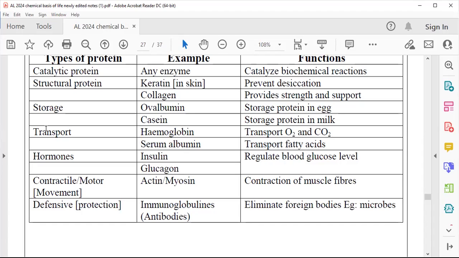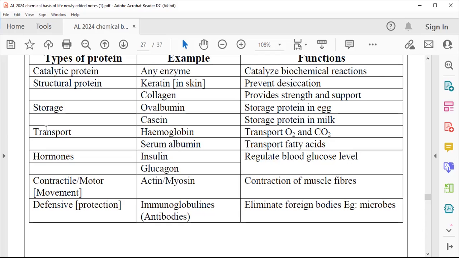Right? Who is the example for catalytic protein? Any enzyme. In your O level, you studied many enzymes. Amylase, correct? Lipase, trypsin, chymotrypsin, pepsin. Studied, no? Any enzyme, you can call it a catalytic protein.